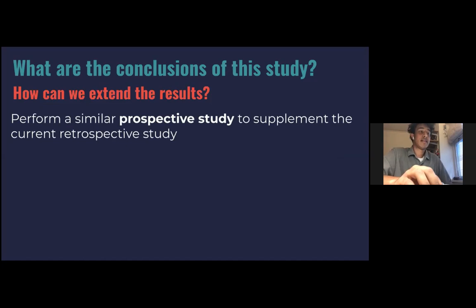A prospective study is really similar to a retrospective study, except that when you're comparing your two cohorts that have some variable that you're interested in, you are tracking the outcomes in real time, rather than working with data that was previously collected as in a retrospective study.